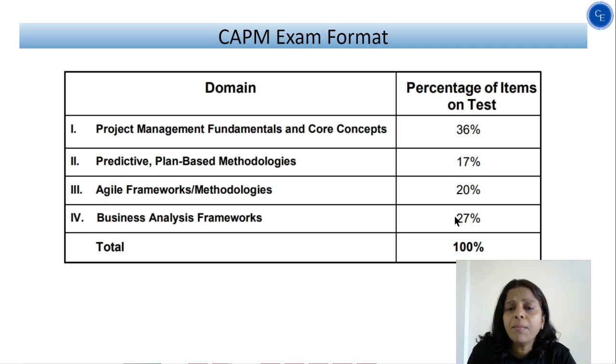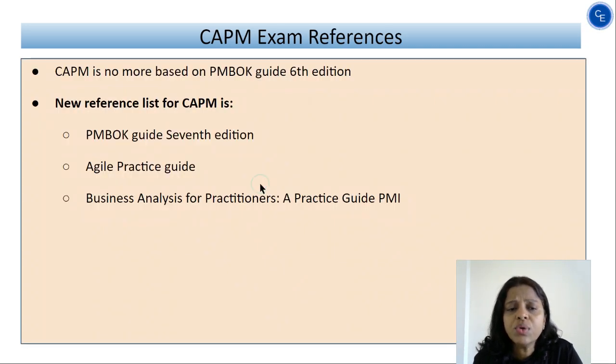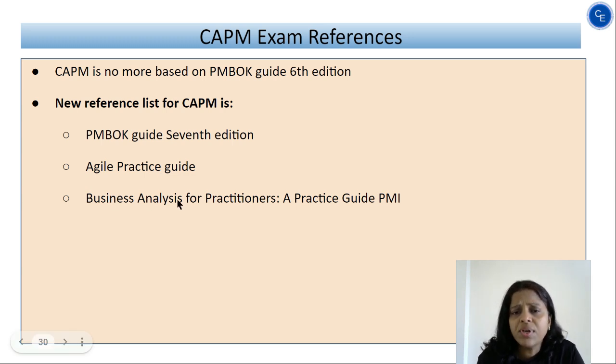So from the latest CAPM exam perspective, you need to refer to all these different reference guides. Primarily, you need to read through the PMBOK Guide 7th edition. You need to read the Agile Practice Guide. You also need to read the Business Analysis Guide for Practitioners, which is available on the PMI website, and you also need to refer to the Process Groups Guide.